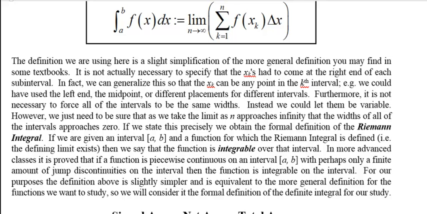In more advanced classes, you can prove that if a function is piecewise continuous on this interval, with perhaps only a finite number of jump discontinuities, so not vertical asymptotes, but little jumps, where left and right limits are defined, but not necessarily full limits, then that function is integrable on that interval.